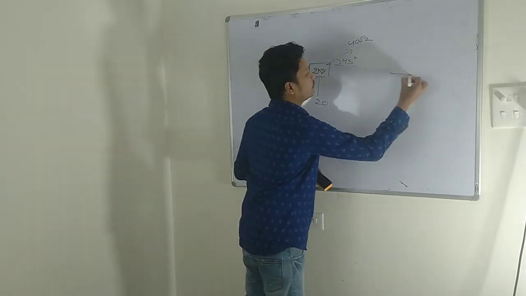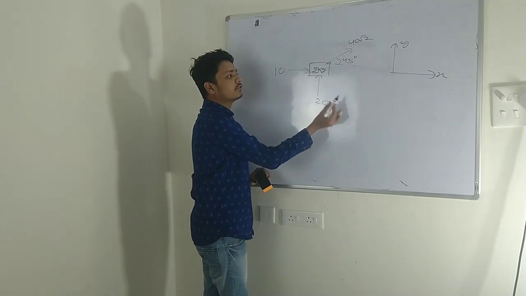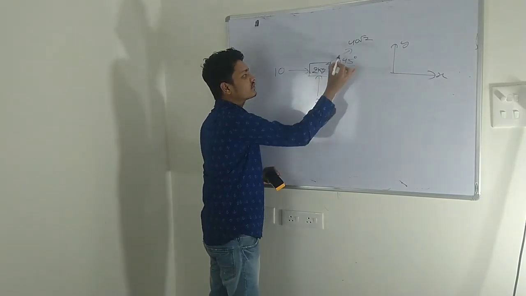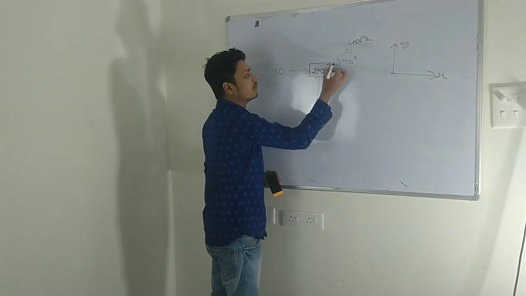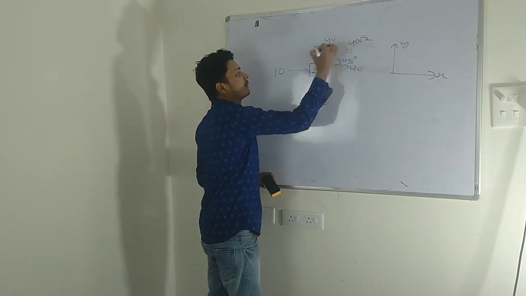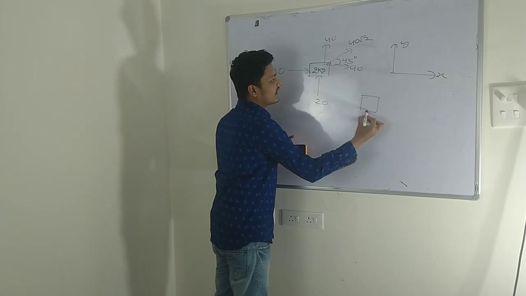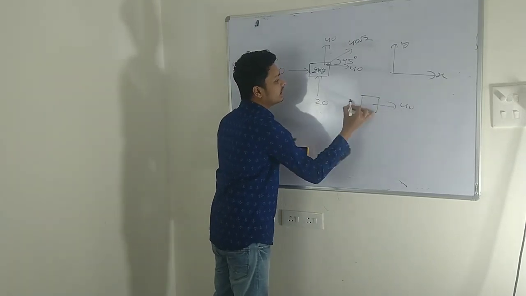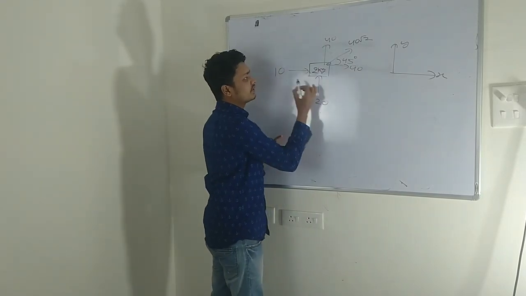Now let me take two directions, x and y. Let me resolve all the forces along the x and y directions. 10 and 20 are already along the x and y directions. 40 root 2 times cos 45 gives 40, and 40. Now along the x direction, the net force is 40 plus 10, so 50.